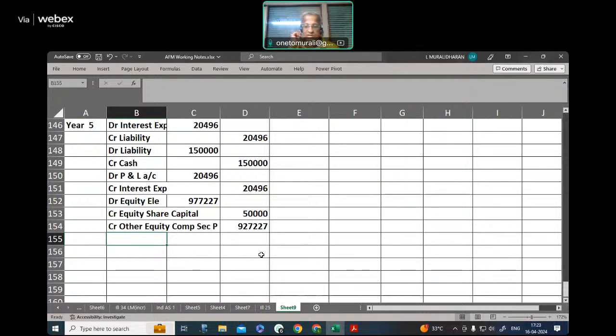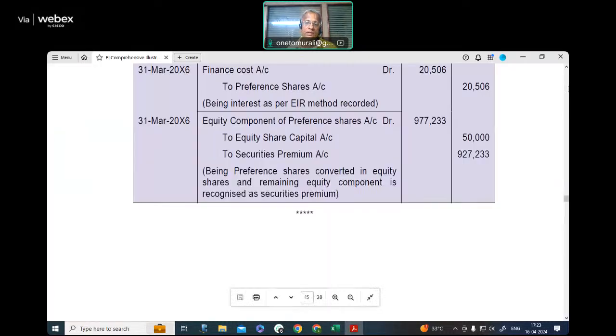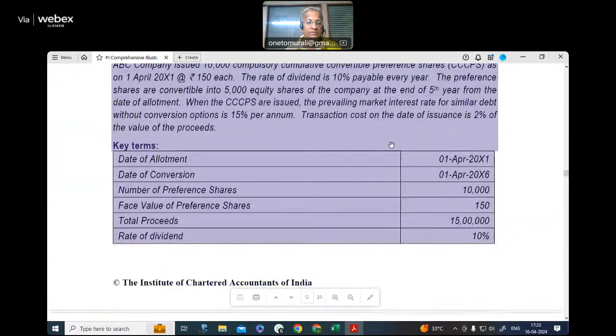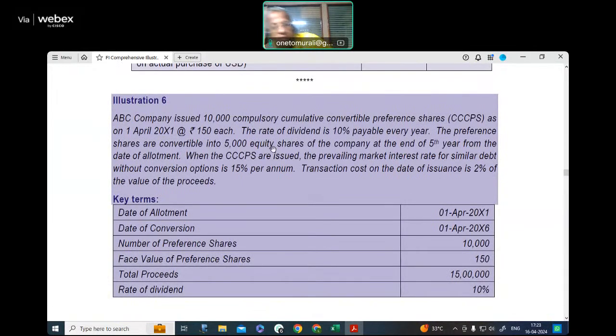Mark this illustration number 6 as very important. They will ask this in the main examination. Let me repeat once again: they will ask this problem in the main examination. What is that technique, or what is that problem you are going to look for? Here is a place where compulsorily convertible preference shares are issued.